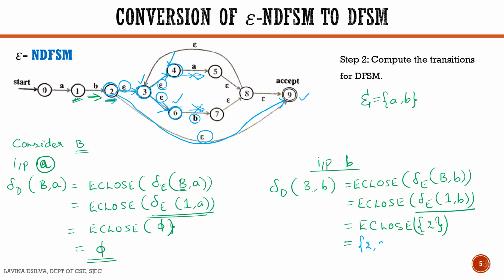Then we've got state 3. Then we've got 4, 6 and 9. Therefore, delta D B comma B is equal to 2, 3, 4, 6, 9 states together, and instead of writing them separately, we will call this as state C.